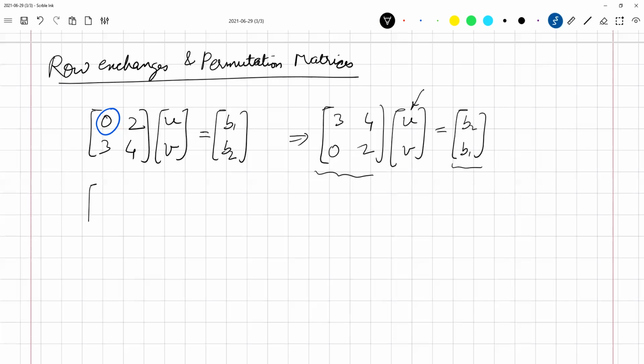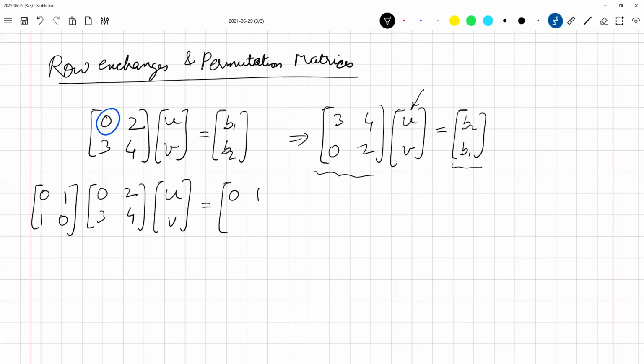Let us start with R1, R2 here: 0, 2, 3, 4 times U V. Let us multiply by 0, 1, 1, 0 on the left hand side, and 0, 1, 1, 0 on the right hand side, and P1.